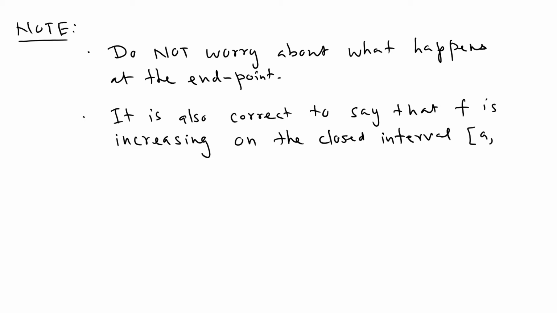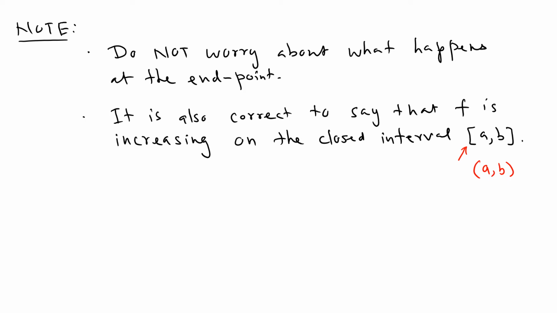So you can also say that, logically that is correct, because when you pick two points, you're going to pick one point like a, and then you pick another point inside the interval. And then we have the same condition as before, but the only difference between these two is that in this case we actually include a. In the previous one, when you have open intervals, you are not going to include a. So that's the difference between the two versions. And in both cases, the exact same definition works. The exact same definition works even if you write the closed interval.